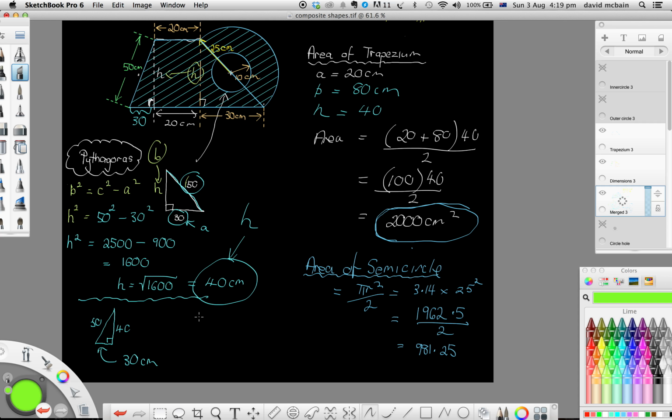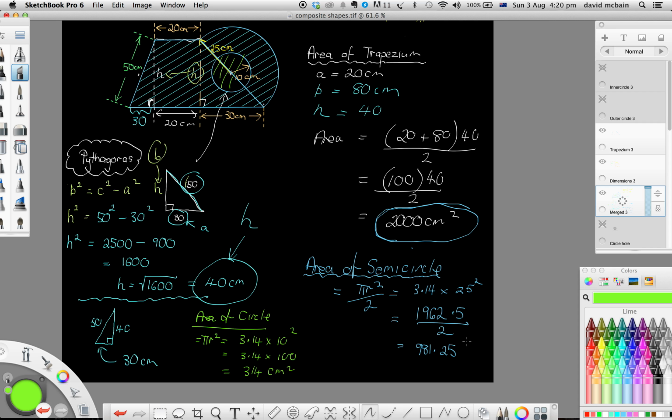So the area of our circle, which was the hole, will equal pi r squared, which will equal 3.14 times the radius of our small circle. There's a small circle in here. The radius is 10 centimetres. So it's going to be times 10 squared. So that will equal 3.14 times 100, which equals 314 centimetres squared.